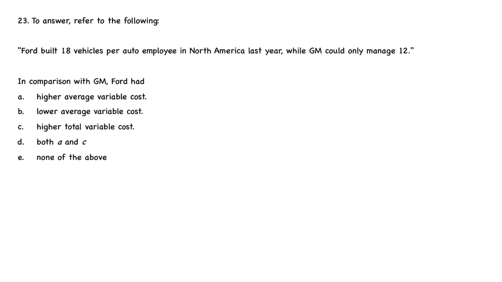23 says, refer to the following. Ford built 18 vehicles per auto employee in North America last year, where GM could only manage 12. In comparison with Ford, GM had, and our answer is lower average variable cost. And the reason we know that is because average variable cost is defined as variable cost divided by quantity.